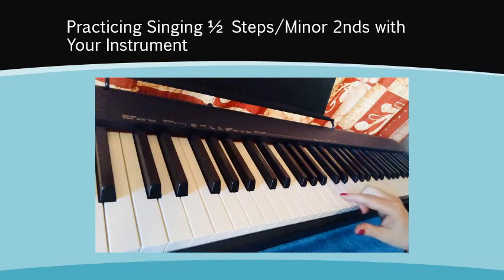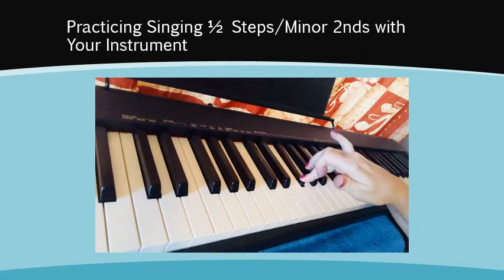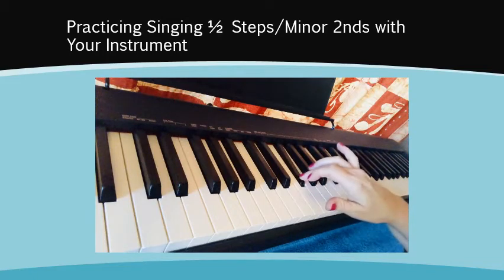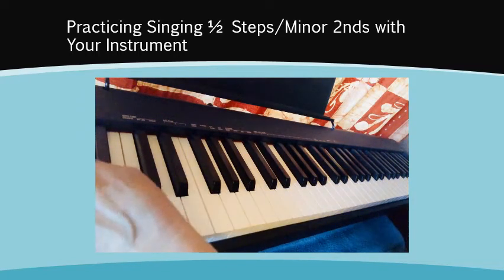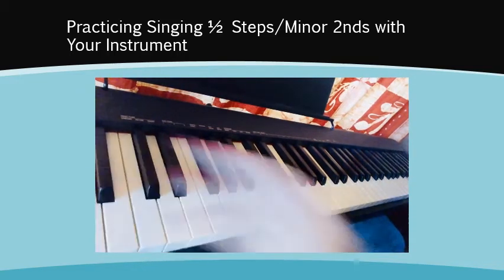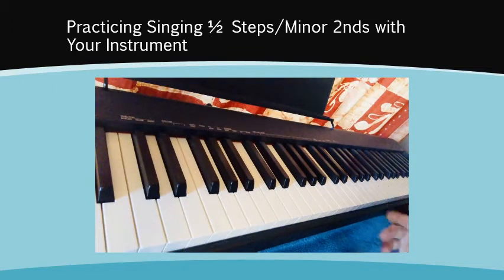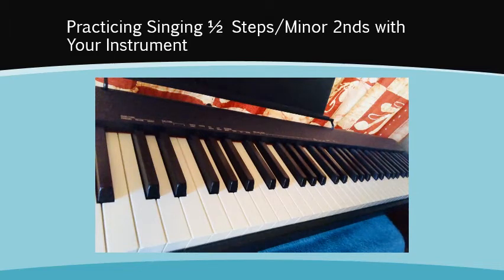I was a little out of tune, but half step, half step. The trick for memorizing the sound of that is the theme from Jaws. That's one of the tricks. All right, that was F and then F sharp.